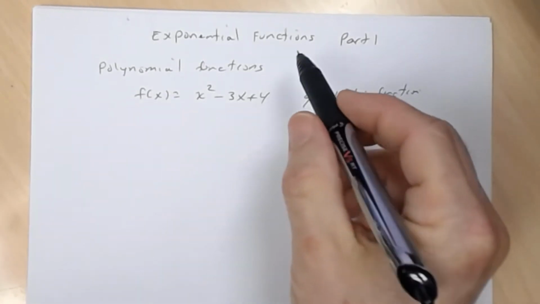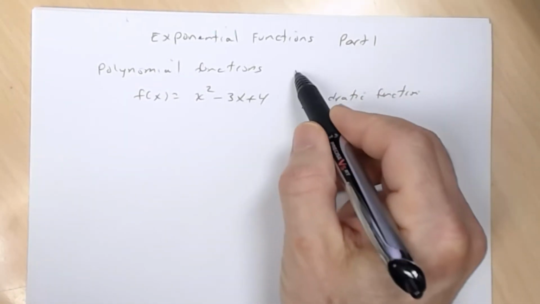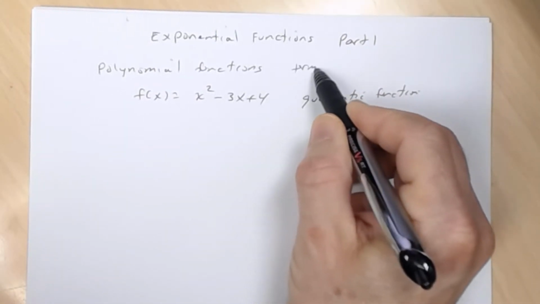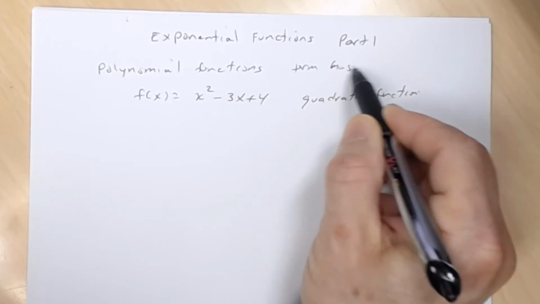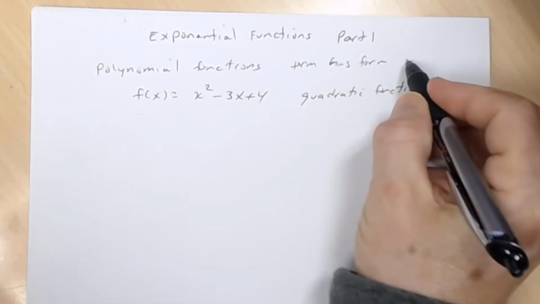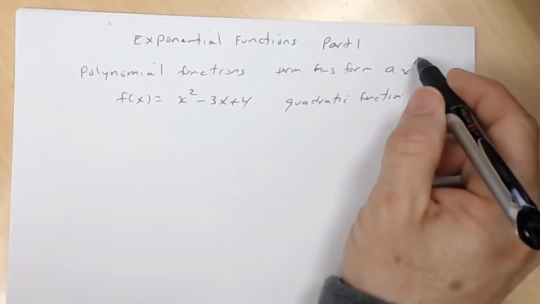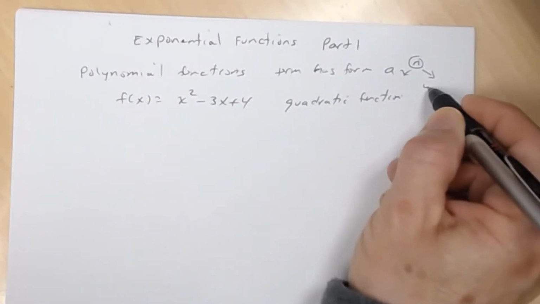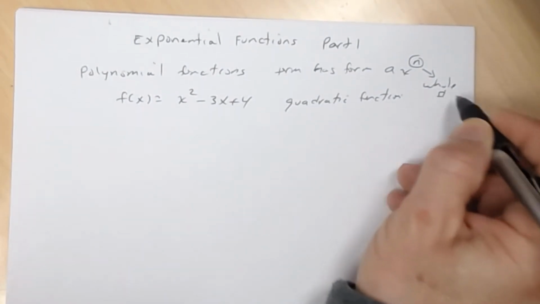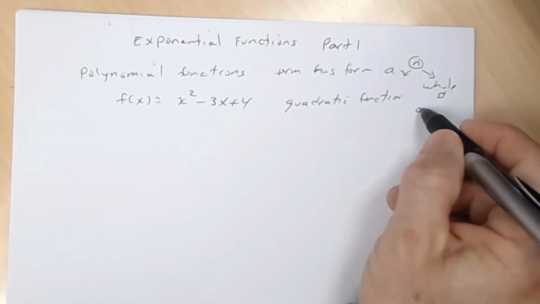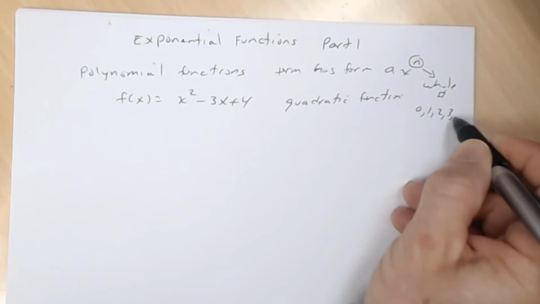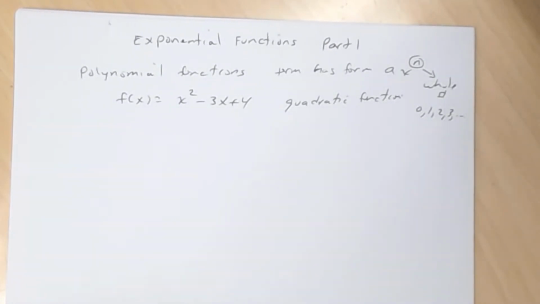So remember, polynomial functions, each of the terms has this form: a times x to a power, and this exponent is a whole number, okay? So like 0, 1, 2, 3, and so on, whole numbers.